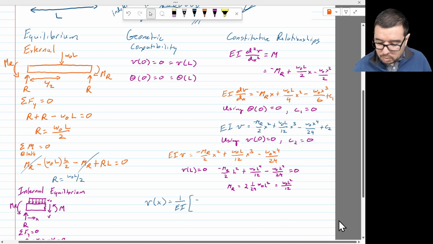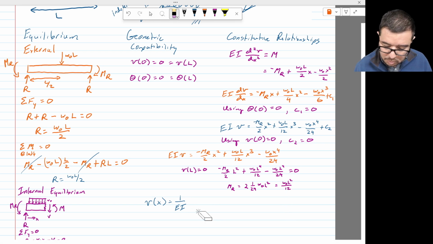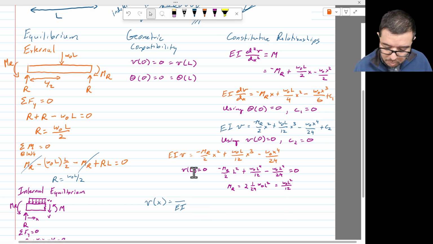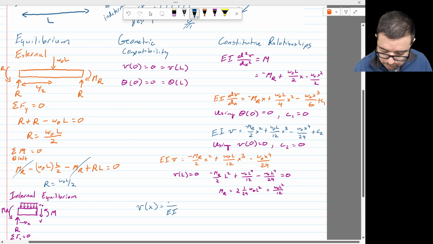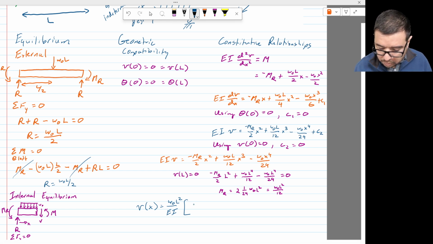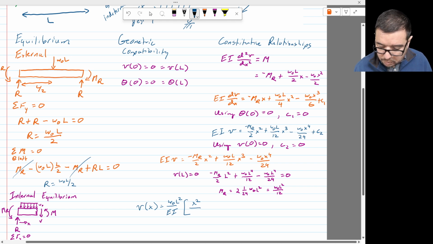And why don't we bring out a W naught L squared maybe? That would be kind of nice. So let's do that. So we can do W naught L squared as well there. So this is going to be x squared over, and it's a little bit not great because we have this L, so we'll just leave it there.